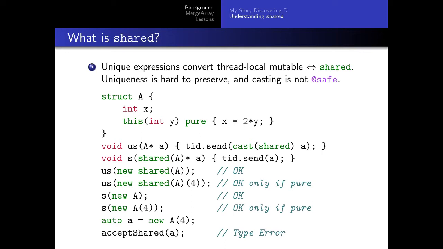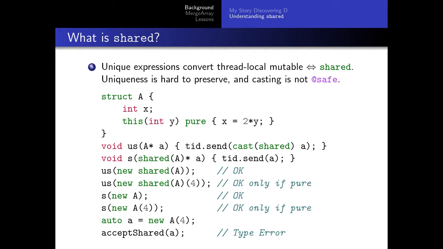Here's a more complicated example, maybe. This is a struct that has a pure constructor, and then I have two different types of functions. One takes a non-shared pointer to this struct, casts it to shared, and then sends it. And then another function takes in a shared one and then sends it, just as a simple wrapper here.